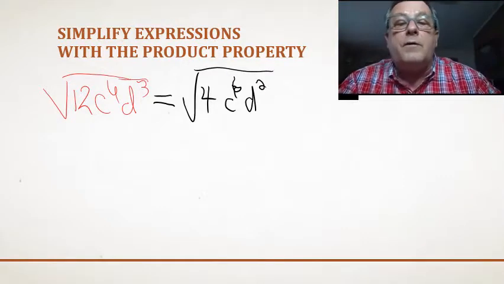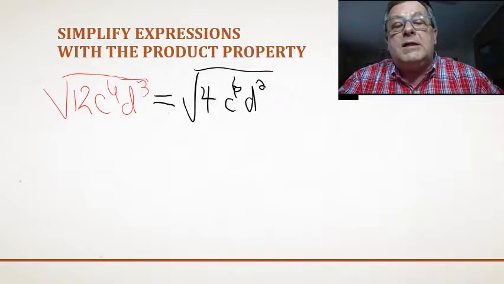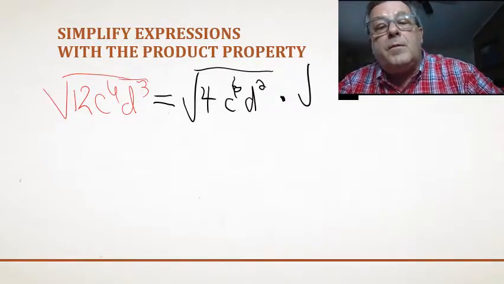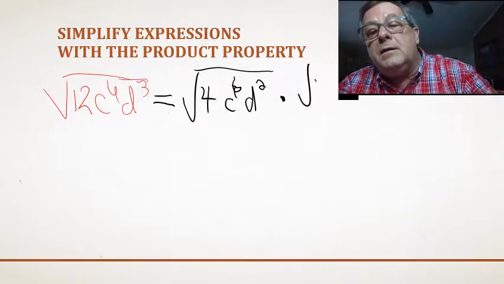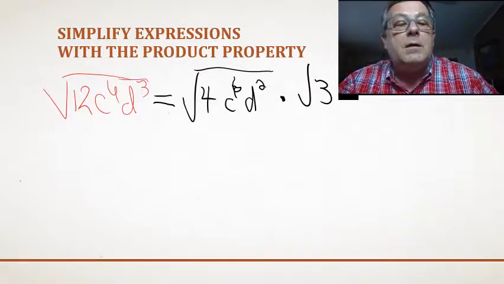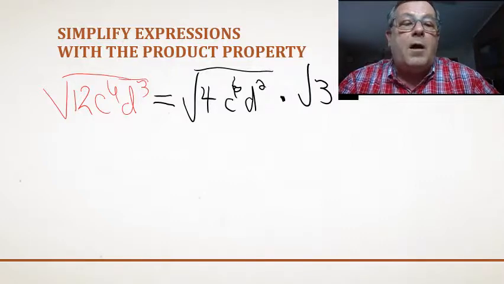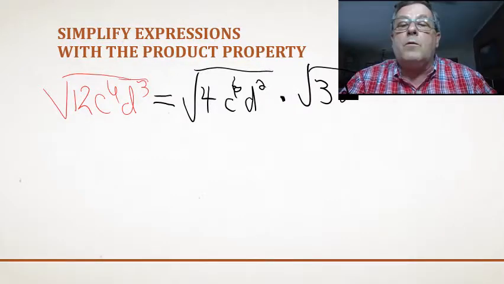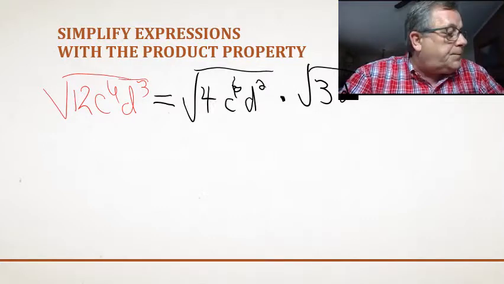So now I've got the square root of 4 c to the 6th d squared times, remember now, 4 times 3 is 12, so I got 3, and I pulled out all the c raised to the 6th, and now I've got d, square root of 3d.